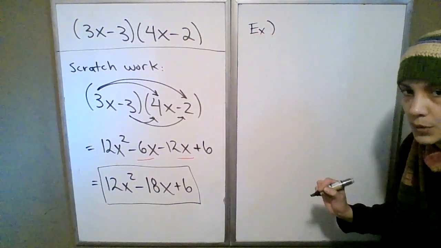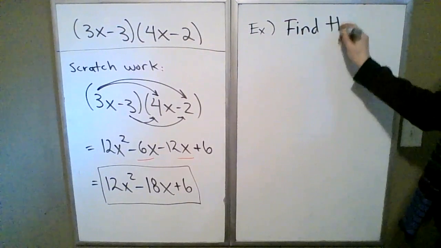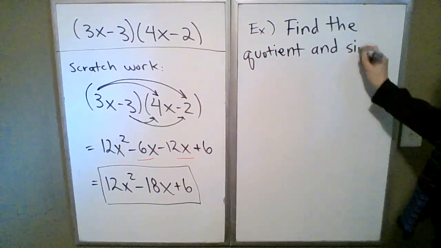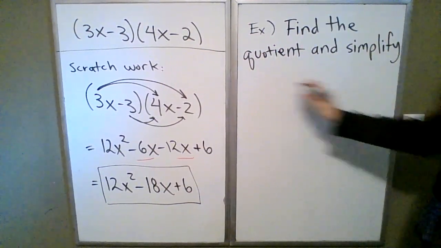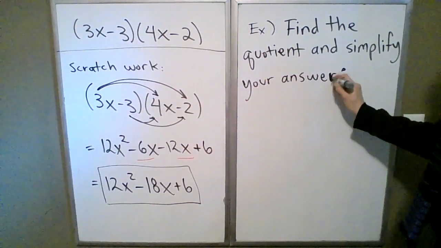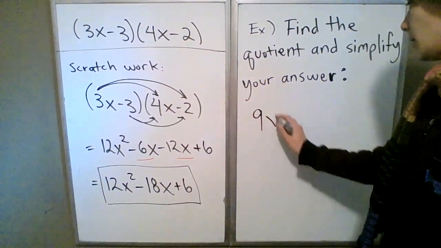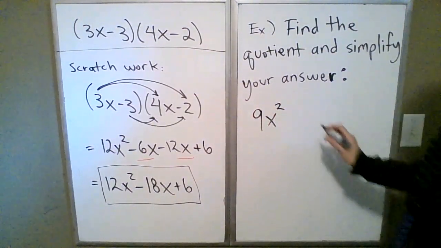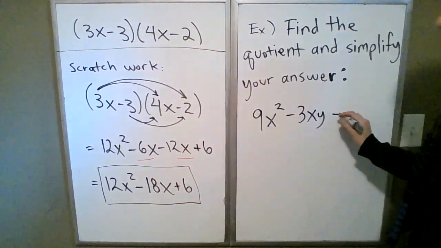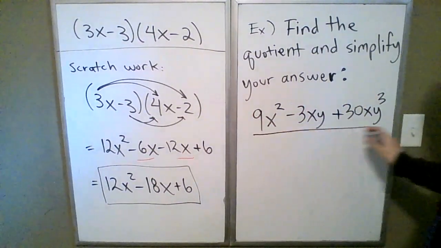This time we want to find the quotient and simplify, which means divide and simplify. 9x squared minus 3xy plus 30xy cubed, divided by 3xy.